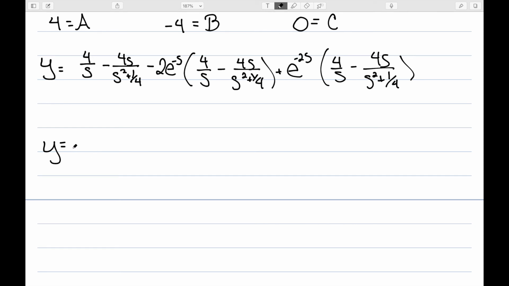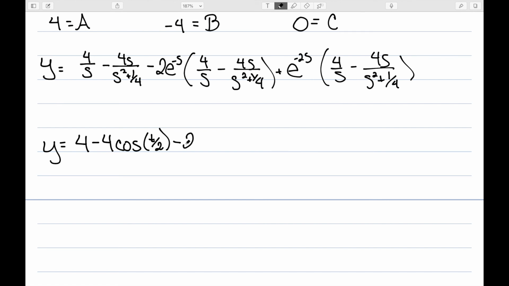The inverse transform of 4 over s is just 4. The inverse transform of this is going to be -4 times cosine 1/2 t, so I'm going to write that as t over 2.